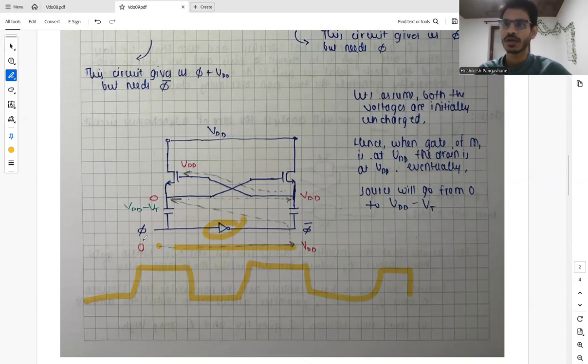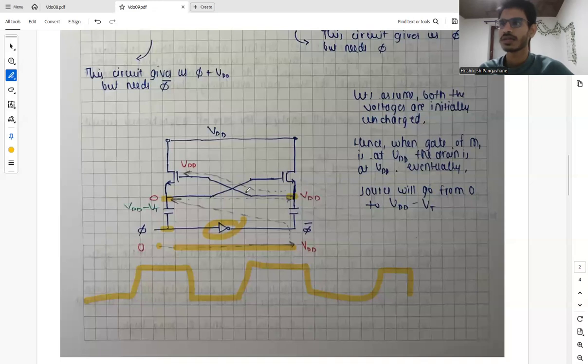So the absolute value of phi is 0, meaning it's at 0 voltage, and the absolute value of phi bar will be VDD. If phi bar is VDD at this point, then this point will be VDD. And if this point is 0, then this point will also be 0. So when this point is 0, this point is VDD.